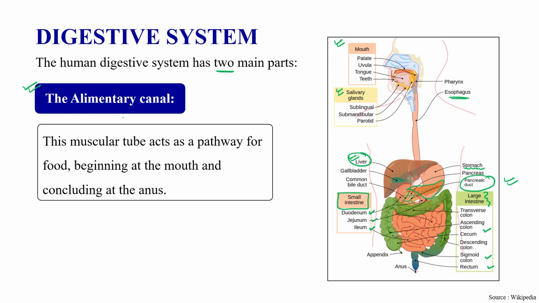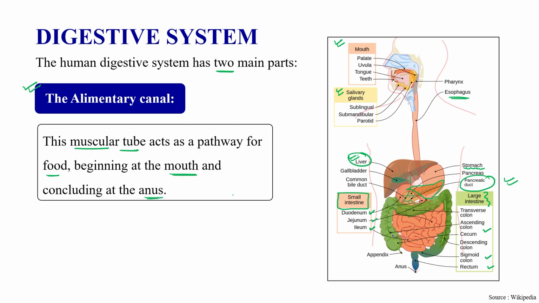First one is the alimentary canal, and this is a muscular tube-like structure which acts as a pathway for food, beginning at the mouth and concluding at the anus.